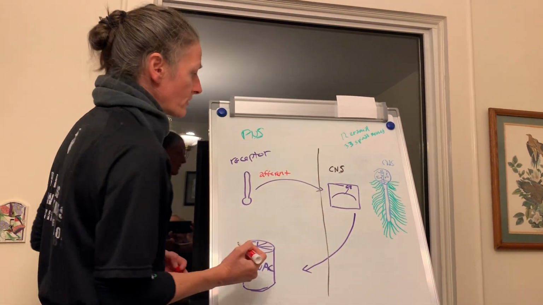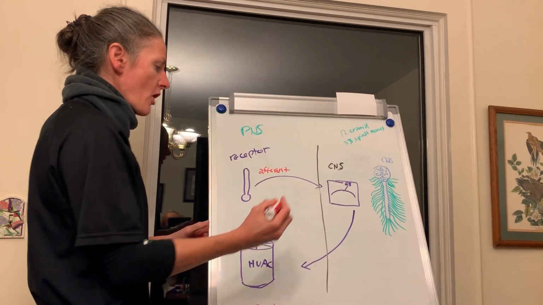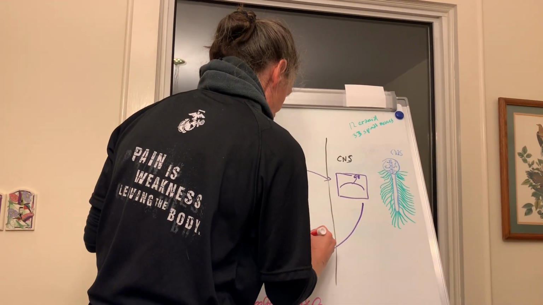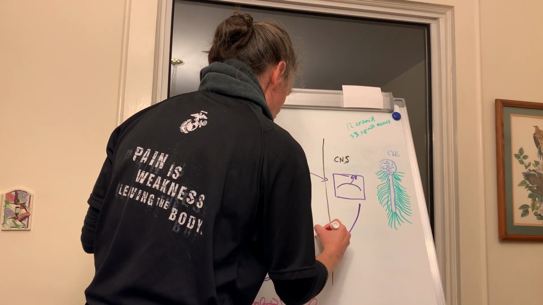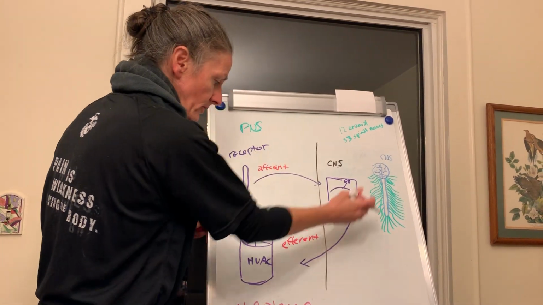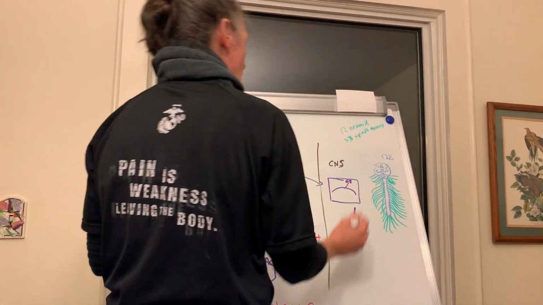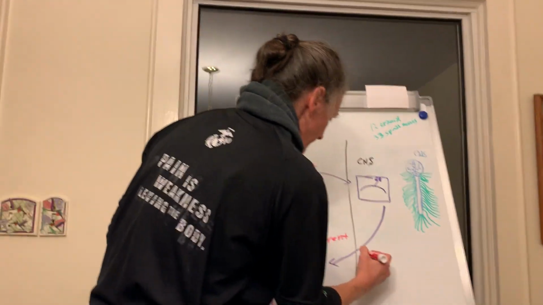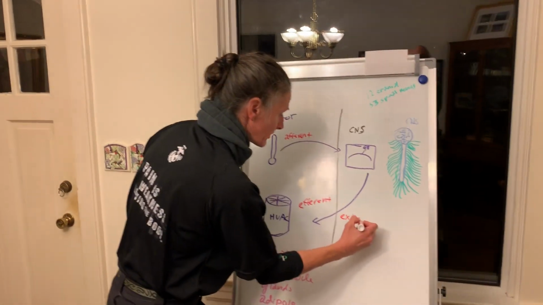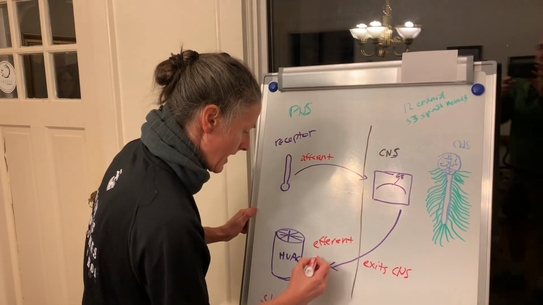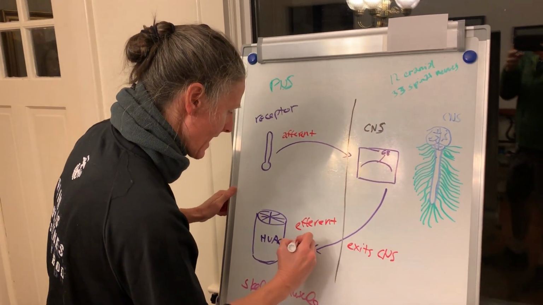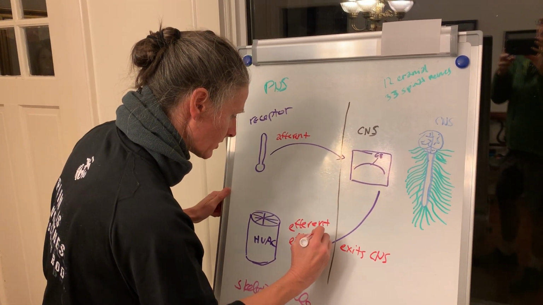So this would be our afferent system. Then we have our efferent system, which actually brings commands issued from the central nervous system to the effectors. So the way to think of it is the efferent system exits the central nervous system and relays commands to effectors.